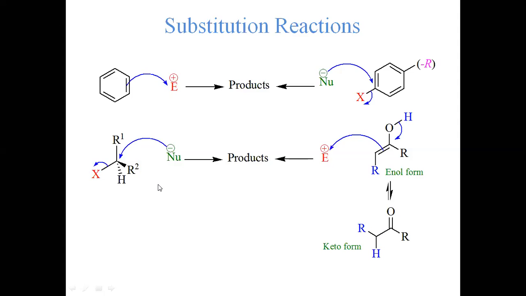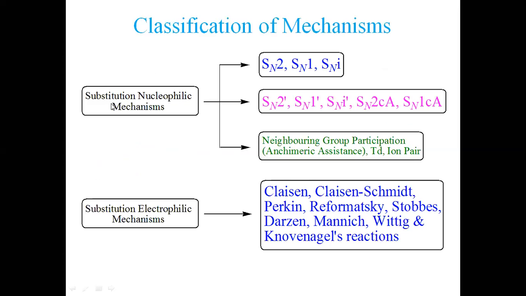So this is an aliphatic carbon, this is aliphatic substitution, but aliphatic nucleophilic and aliphatic electrophilic substitution are the two general categories that we shall highlight here. One is substitution nucleophilic, the other is substitution electrophilic, but both are done on aliphatic systems. Substrates are aliphatic in nature, meaning sp3 hybridized carbon.